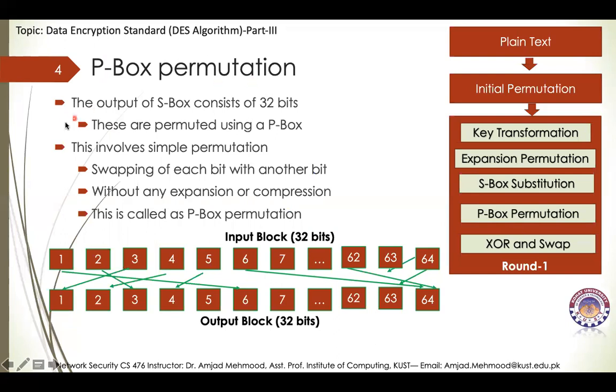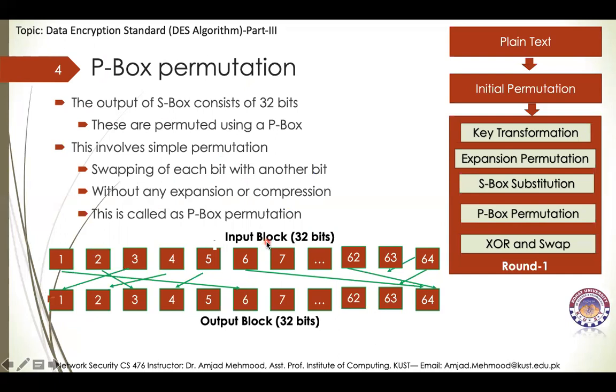In P-box permutation, the output of the S-box consists of 32 bits. They are permuted using a P-box. This involves simple permutation, swapping of each bit with another bit without any expansion or compression. This is called P-box permutation, and this is explained with the help of this diagram.